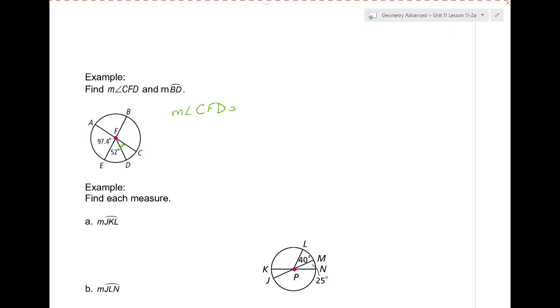What do I know about segment AC? It's a diameter, right? Guys, what can I do? Yeah, can I go 180 minus what? Yep, 97.4 plus 52. All right, someone do that real quick on their calculators for me. What do you guys get?